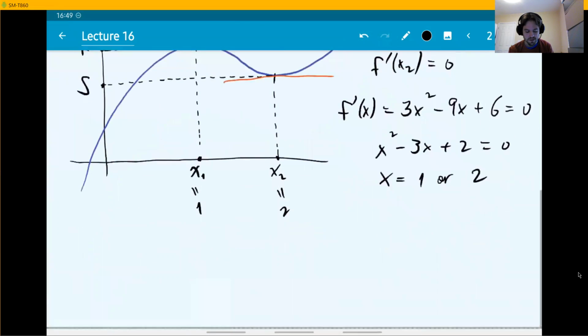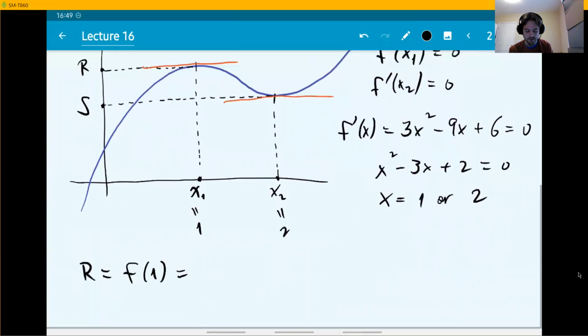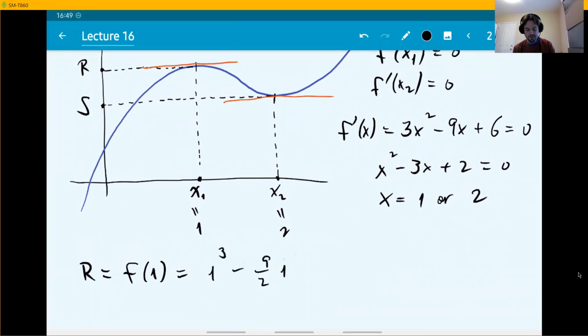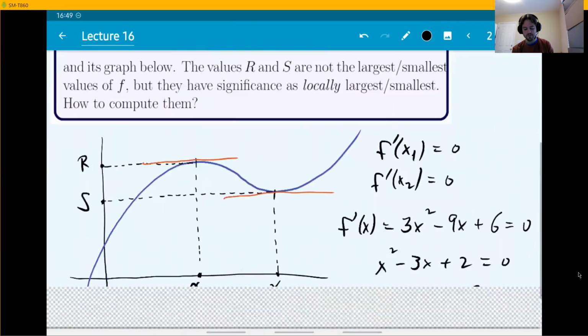And now what are r and s? R is the value of the function at this point 1. So just compute f of 1 by the formula given for the f function. It was x cubed minus 9 over 2 x squared plus 6x plus 1, I believe. Yeah, this is right.